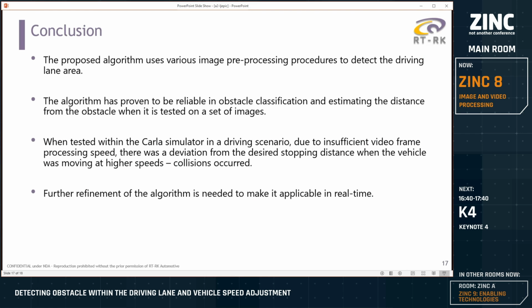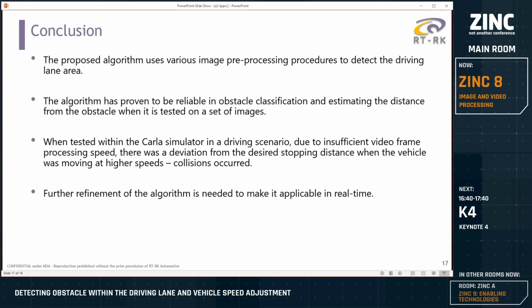Finally, we can see that this application of computer vision can be used to detect lines, and in combination with ROS, we can change the speed of the vehicle. But this algorithm has proven to be reliable when we have a data set of images where we test estimation and classification, while when it is tested in real-time scenarios, we have a problem because there is deviation from the desired stopping distance.